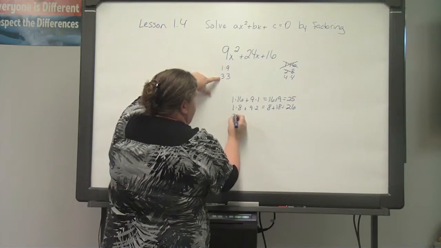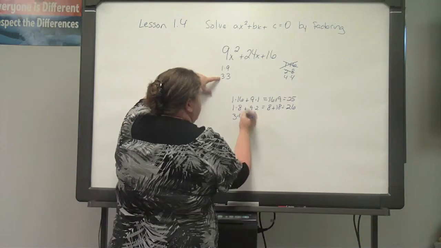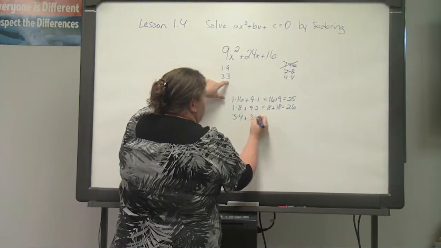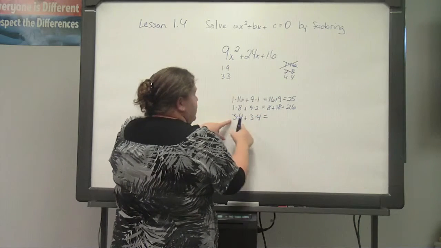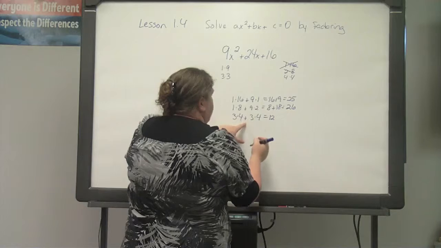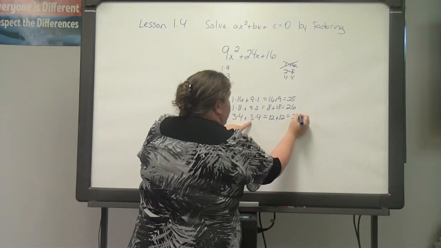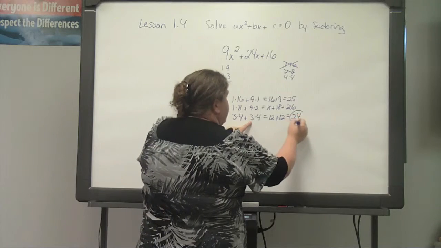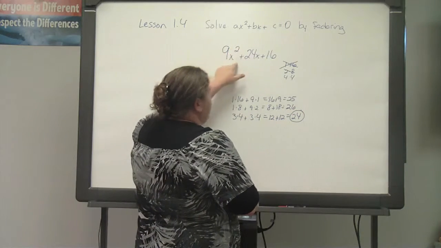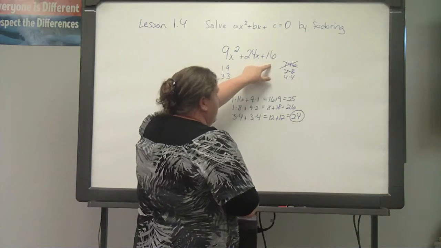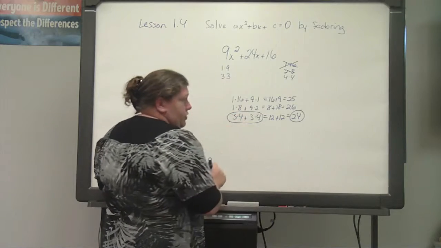If I want to do a 3 times 4 plus 3 times 4, that gives me 3 times 4 is 12, plus 3 times 4 is 12, gives me my 24. So because this number matches my b in my ax squared plus bx plus c, I know that these are my factors that I want to use.